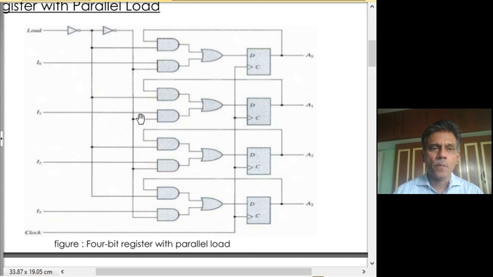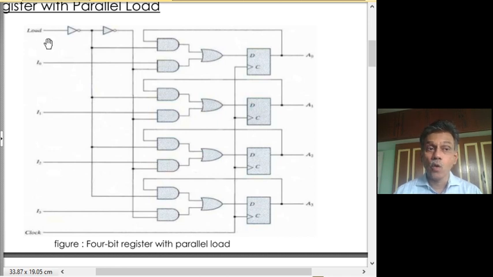Well, how the circuit works is, when the load is equal to 1, these 4 lines I0, I1, I2, I3 are enabled in the sense that they reach the inputs of the flip-flops that designate A0, A1, A2, A3, that is, these D inputs. That happens when load is equal to 1.